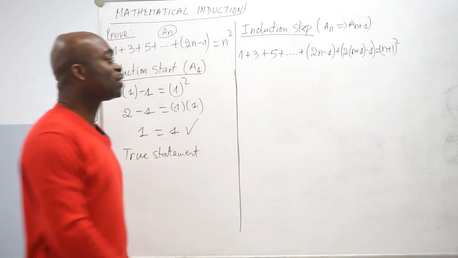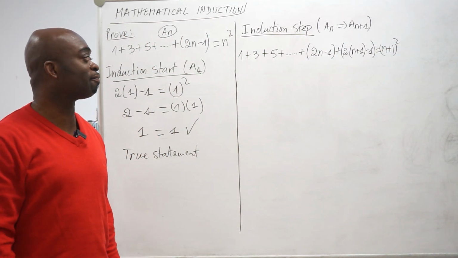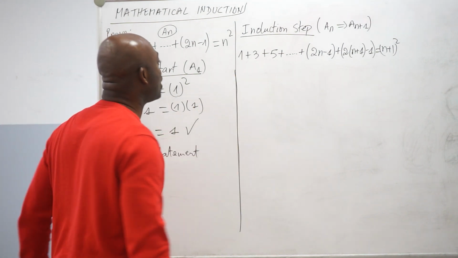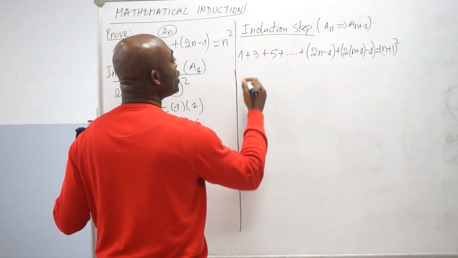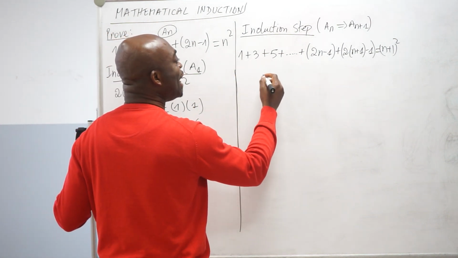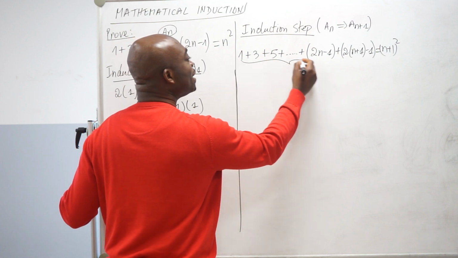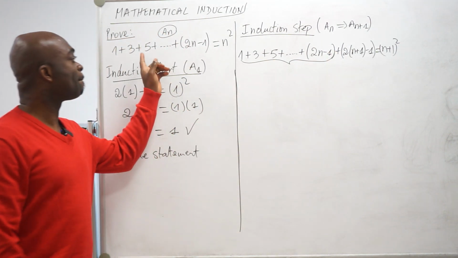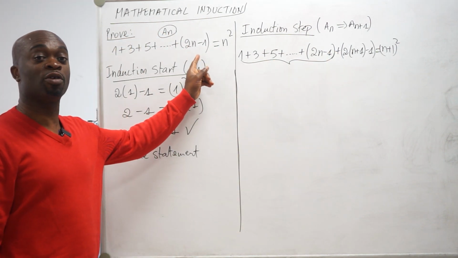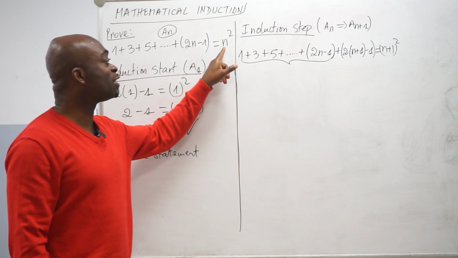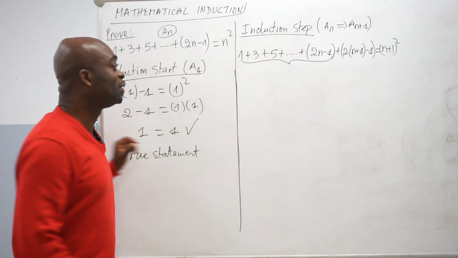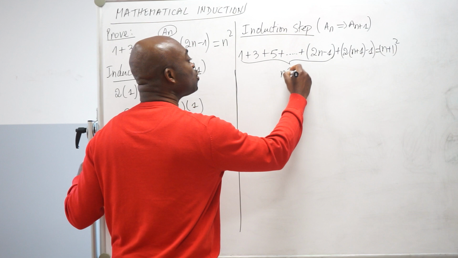All right? So that's what we're trying to do. So we end up with knowing that this one here, ladies and gentlemen, which has been already proven to be true, is just equal to n squared.